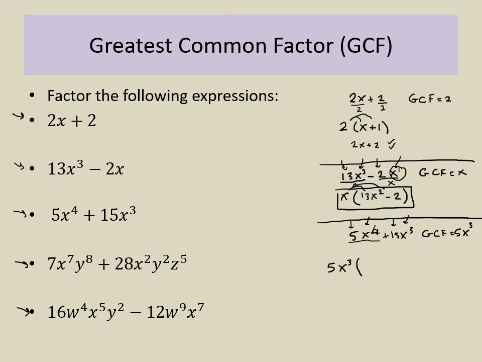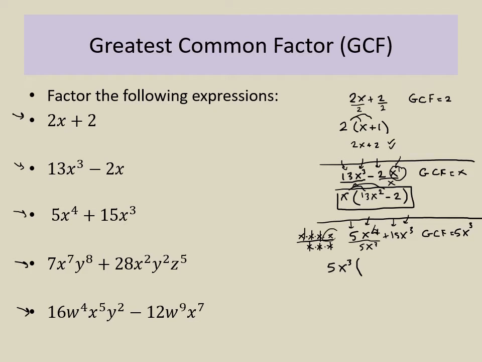If I divide this by 5x cubed, the 5's are going to cancel. X to the power of 4 divided by x cubed, what do I have left? Well, if I have 4 of these, x to the power of 4, and then I have 3 of those on the bottom, x cubed, then 3 of those are going to cancel, and I'm only going to be left with 1 of the x's.